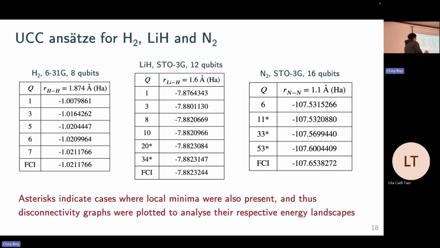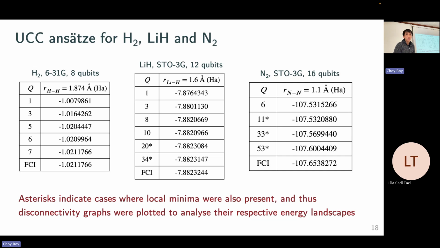We also did this for lithium hydride and for nitrogen with 12 and 16 qubits respectively. The ones with asterisks are the ones where local minima were also present when we simulated it, and therefore we sought to plot the disconnectivity graphs for these examples.